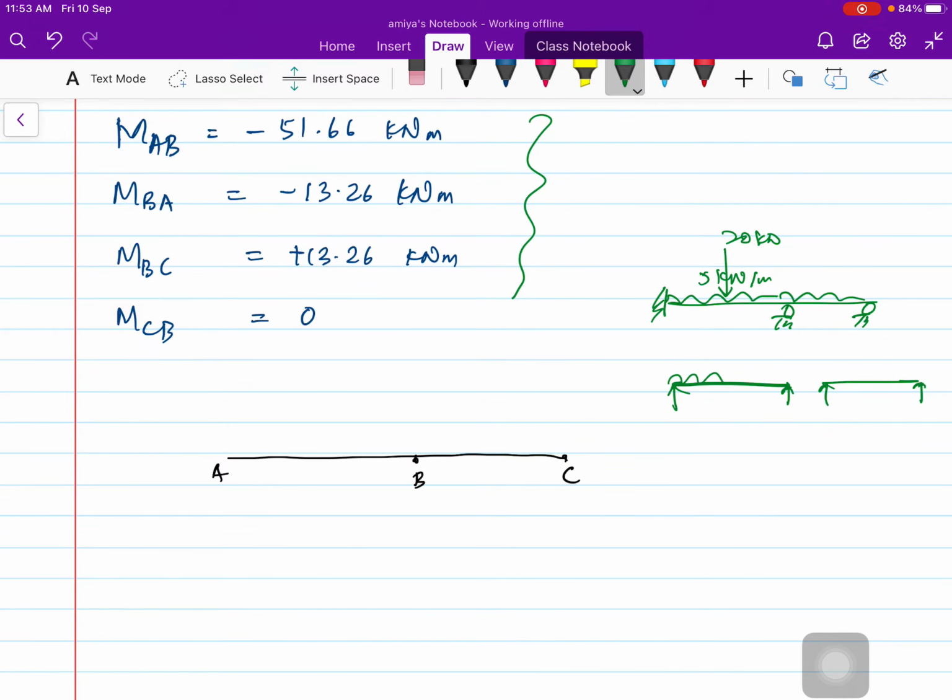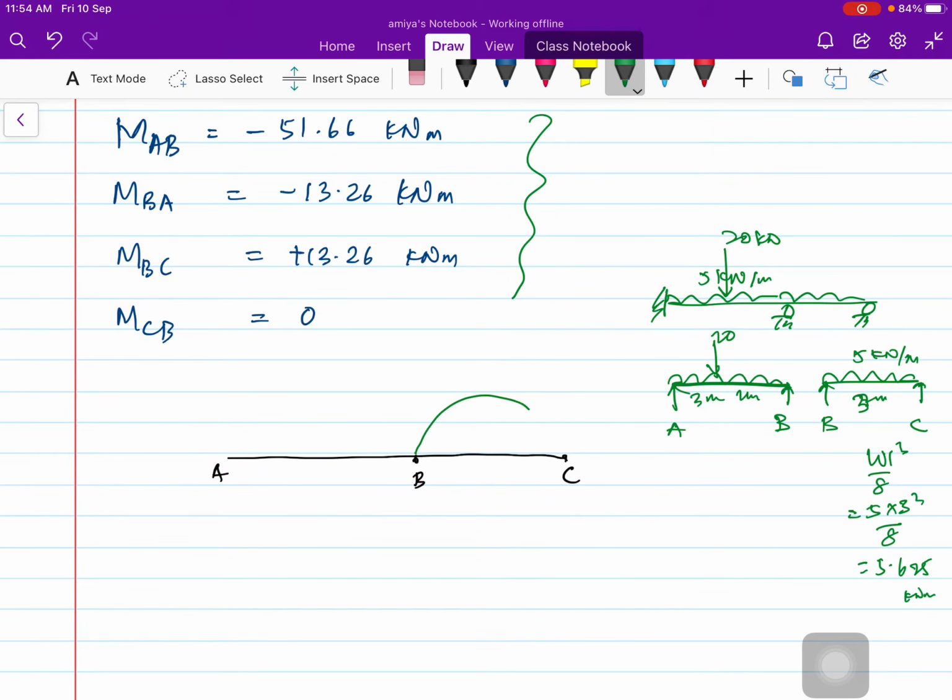Here it is 5 kilonewton per meter with a 20 kilonewton load, spans 3 meter and 2 meter, and this is 2 meter with only a UDL of 5 kilonewton per meter. For simply supported, we can directly calculate WL square by 8, which is 5 into 3 square by 8, which is 5.625 kilonewton meter.